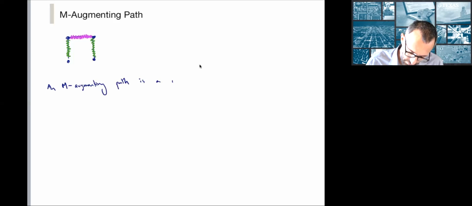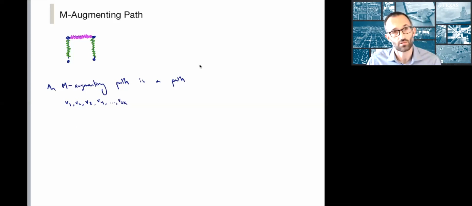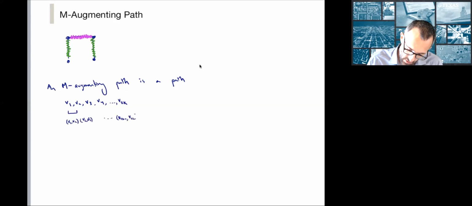So an M-augmenting path is a path v1, v2, v3, v4, ..., v2k, so you can see that it has to have an even number of vertices. The edges are v1 v2, and v2 v3, etc., up to v2k minus 1 to v2k.